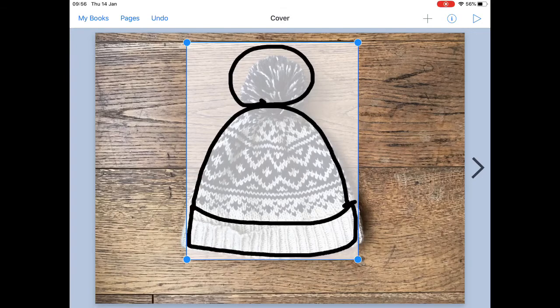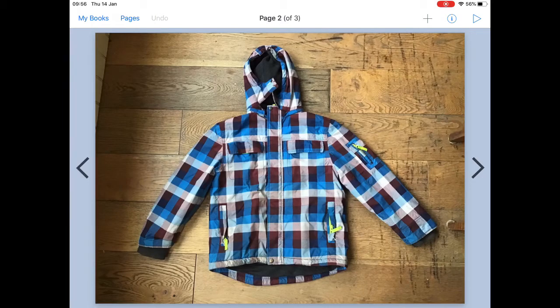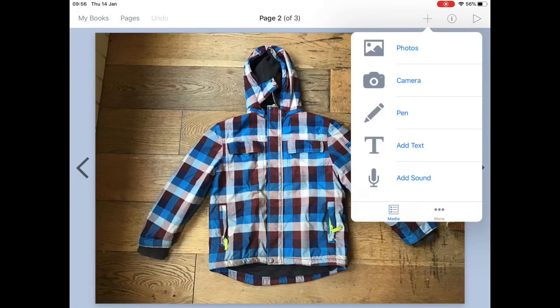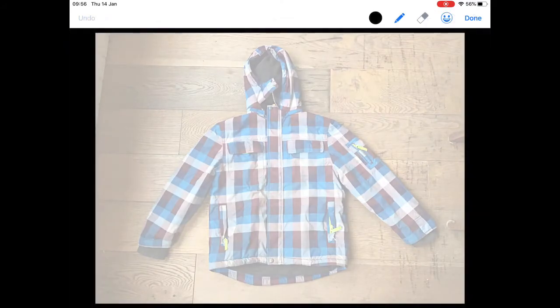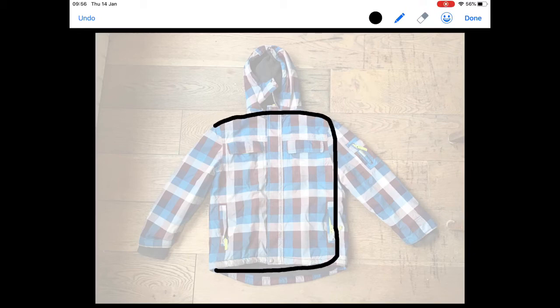And if I look on to my jacket next, I am going to this one. This one's good. It's got lots of really good pattern on it, as did the hat. And I'm going to add on here, I'm just going to draw around this. So you don't need to do this part, it's just to give you some ideas. So you could almost start with a really big chunky rectangle.